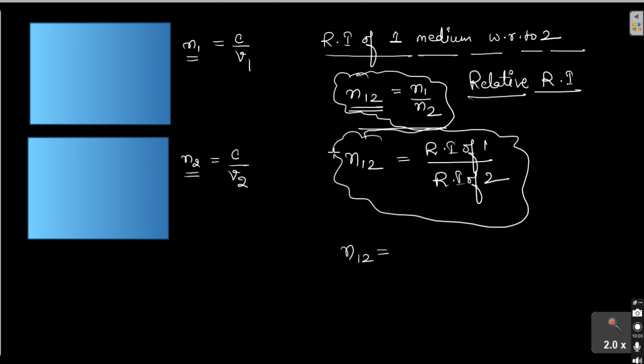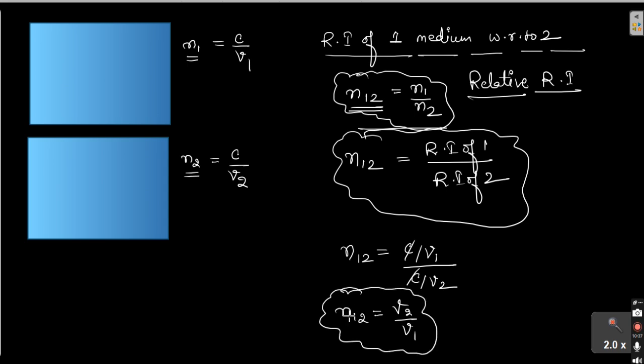So n12 equals refractive index of 1 divided by refractive index of 2. What is the refractive index of 1? It is c by v1 divided by c by v2. C gets cancelled out, v2 upside and v1 downside. So n12 can be calculated as v2 divided by v1. Simple.